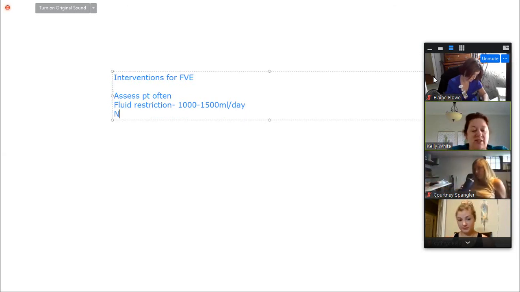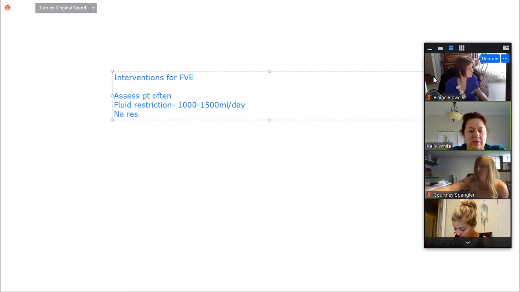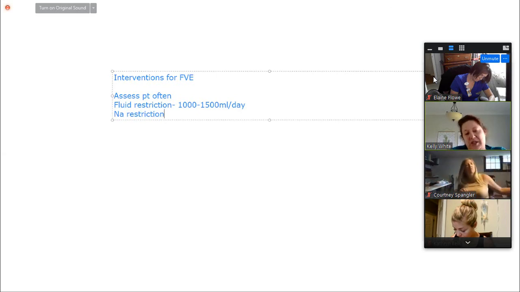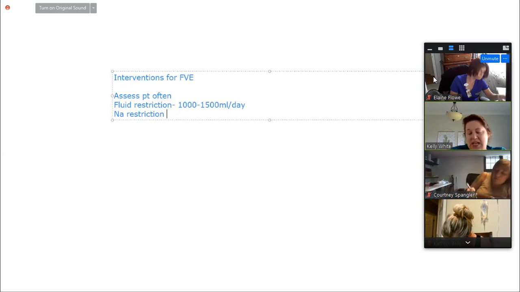We may also do a sodium restriction. Now, our patients with congestive heart failure, like I said, they get their low sodium diet. If we're doing mild restrictions or they have mild fluid retention, we might allow them to have 4 to 5 grams of sodium a day.